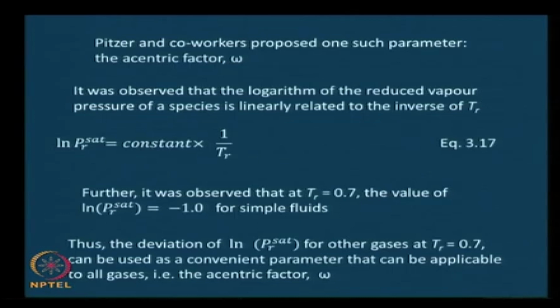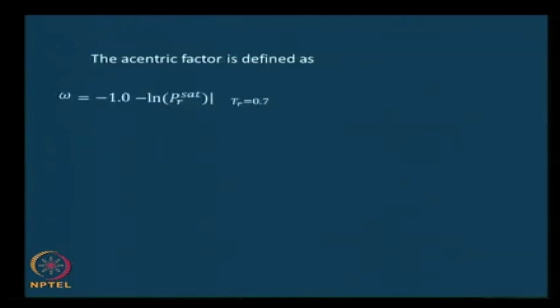That was the thinking, and that was actually defined as the acentric factor equals -1 minus the natural log of PR sat at Tr equals 0.7. We will call this equation 318.